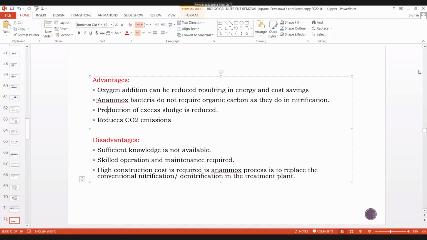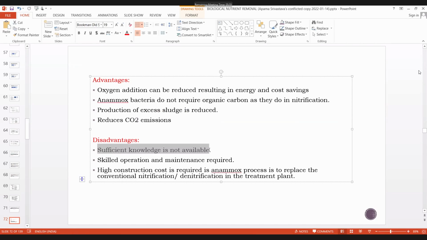And the important thing is that NMOX bacteria do not require organic carbon, as they only do nitrification. So production of excess sludge is reduced, and CO2 emission is also going to be less.